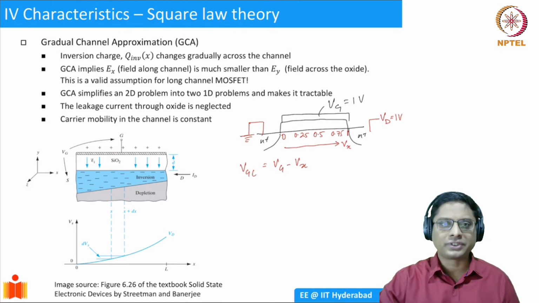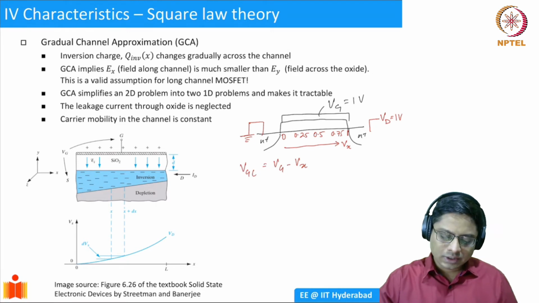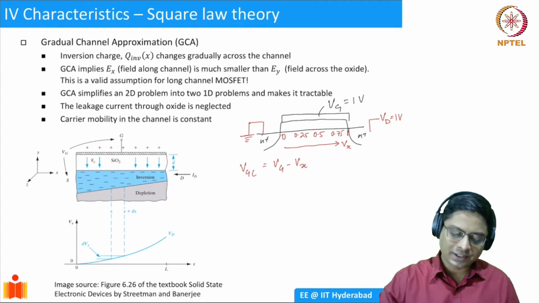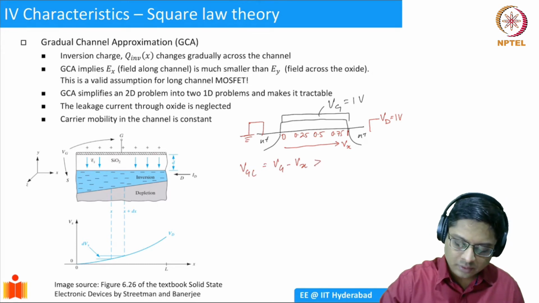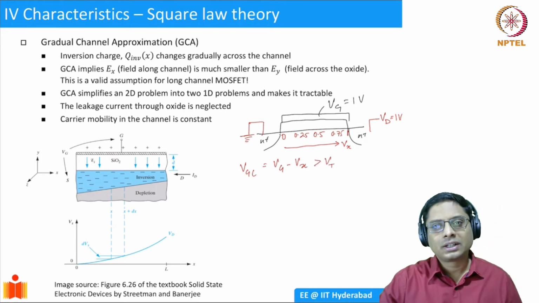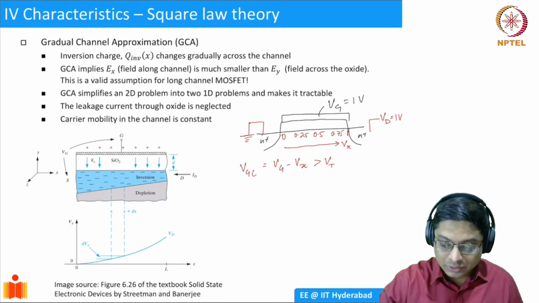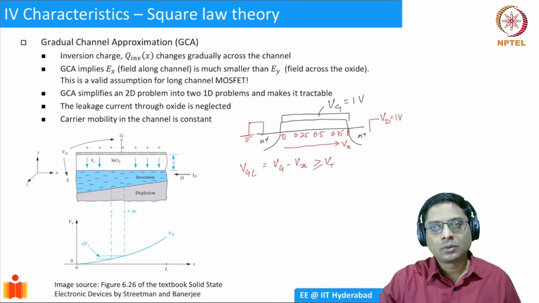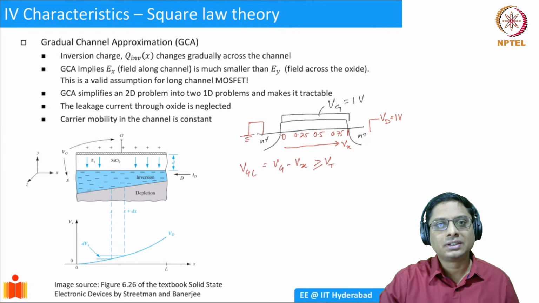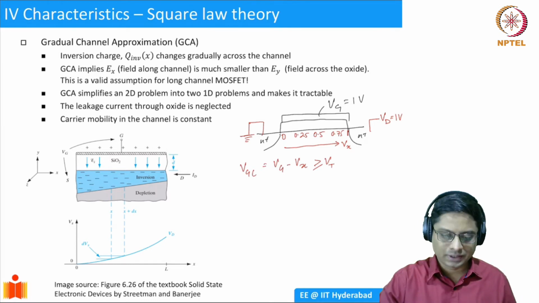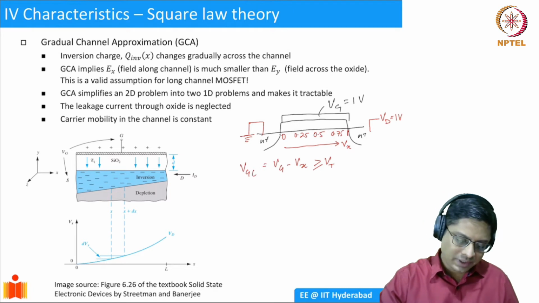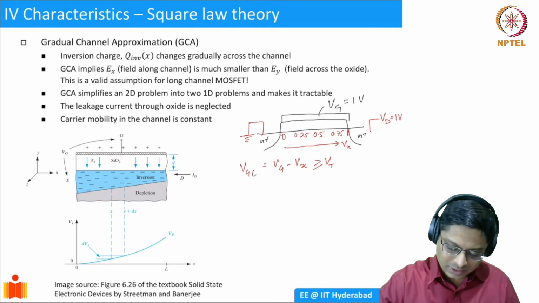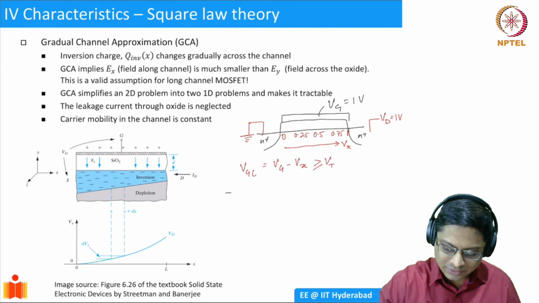And so this VGC has to be greater than, or greater than or equal to, Vt. What happens if it's less than Vt? Then there is no inversion charge at that location. Because of that, we drew this picture towards the end of the last lecture, wherein you have this sort of a thing.